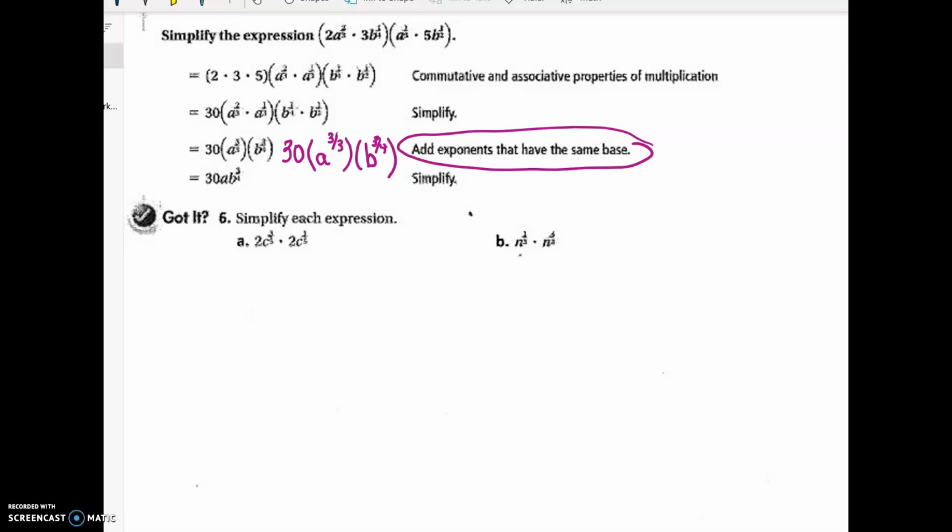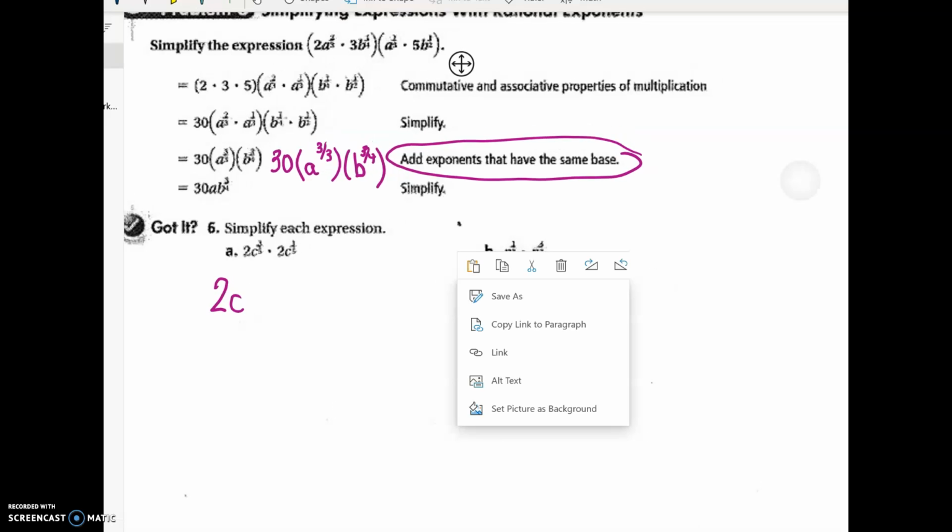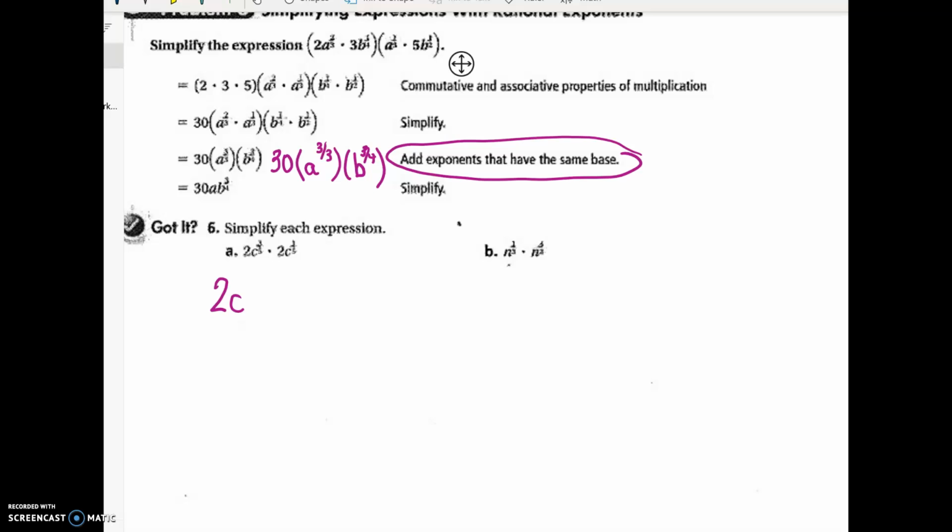I thought I had this example, but I don't. So I'm just going to work, because I can't read these. So I'm going to rewrite that. We'll just do one of them to get a little practice. That's going to be 2c to the 3/5 power times 2c to the 1/5 power.